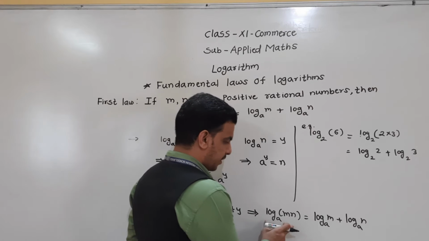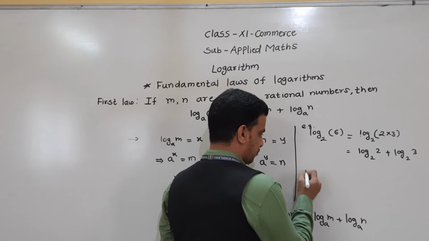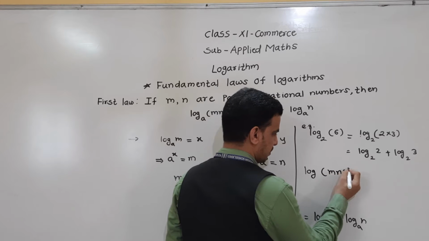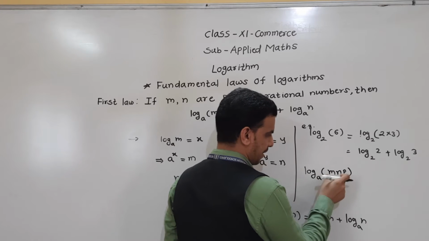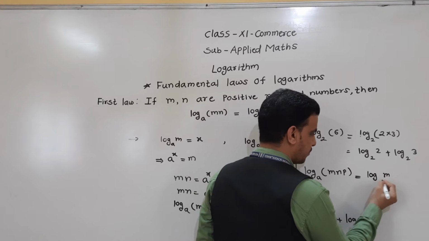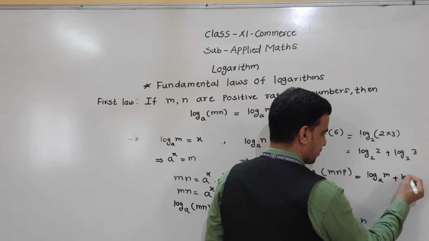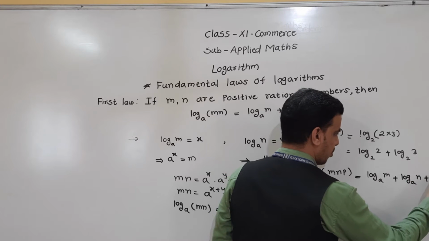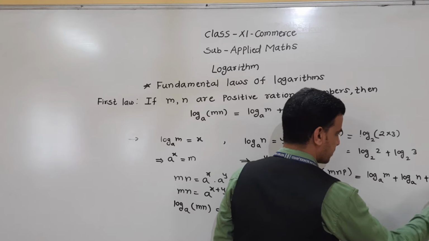Okay, this property we can generalize also. If the product of three numbers is there, log of mnp to the base a, we can write log m to base a plus log n to base a plus log p to the base a.